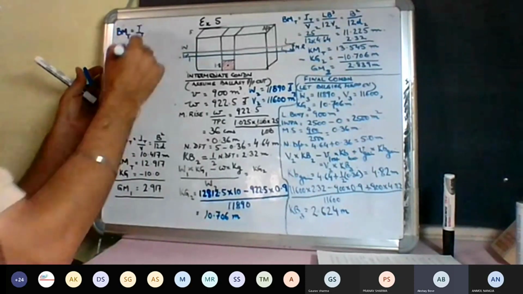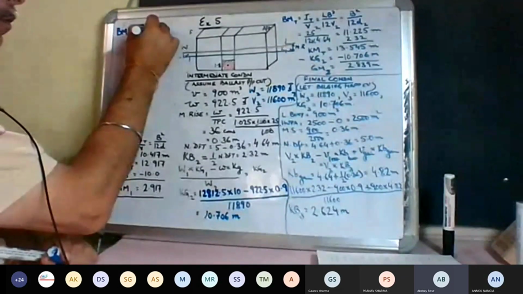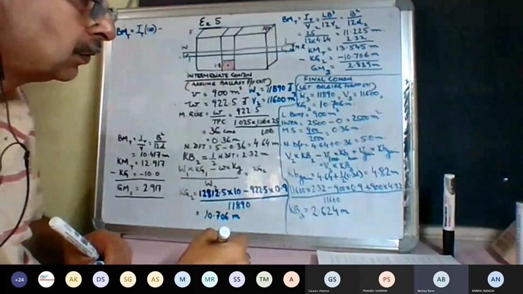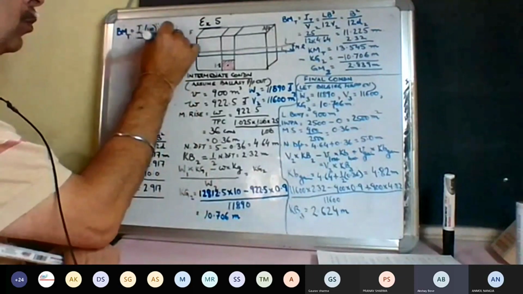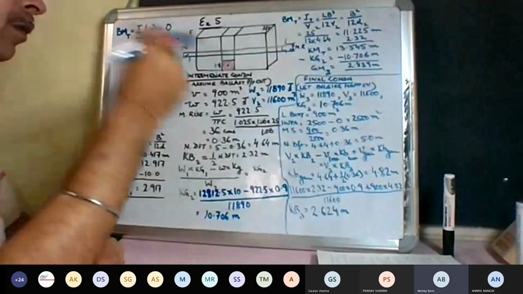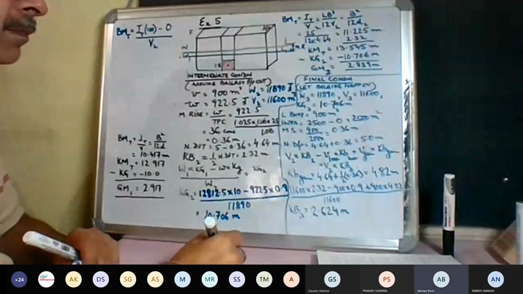BMT is I_T intact, which is I_T initial minus I_T lost. 0 ना. IT lost will be 0, divided by V. V2 or V3 is the same thing.